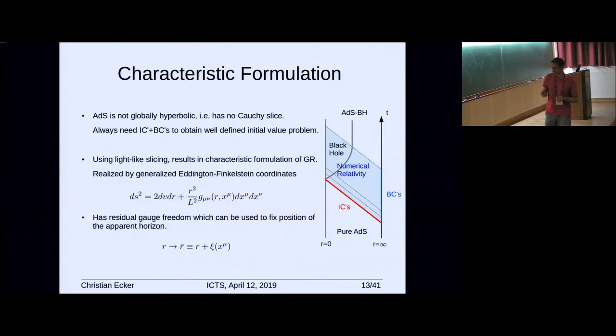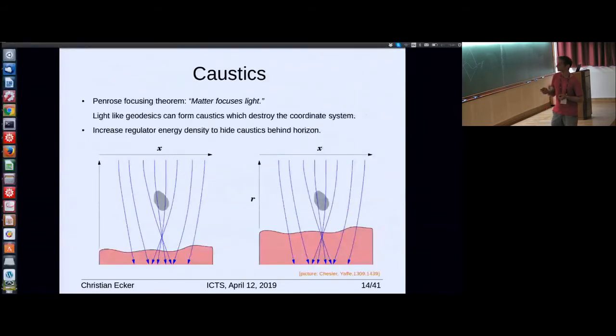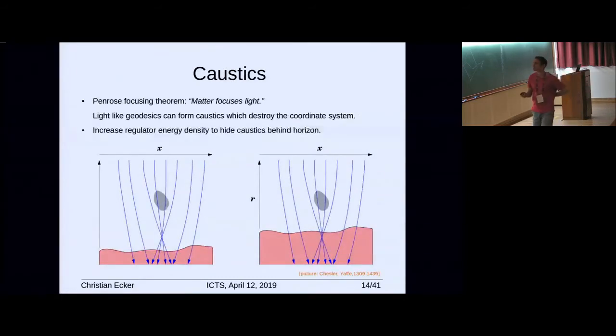This is in some cases important because, for one, you have to exclude the singularity behind the horizon. Another reason is that, since we're using these light-like slices, there is this phenomenon of caustics. By the Penrose focusing theorem, matter focuses light.